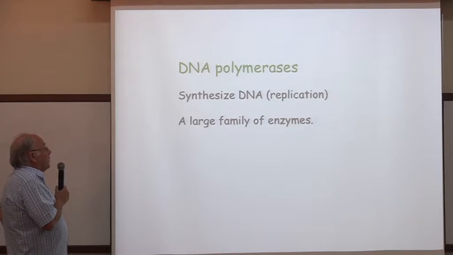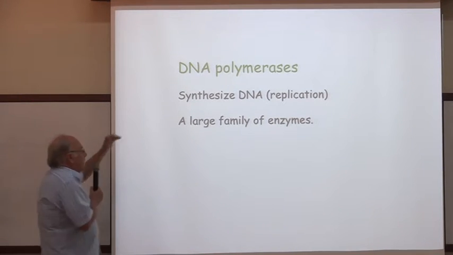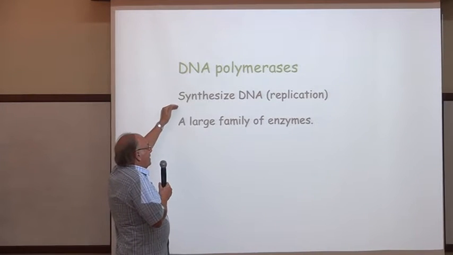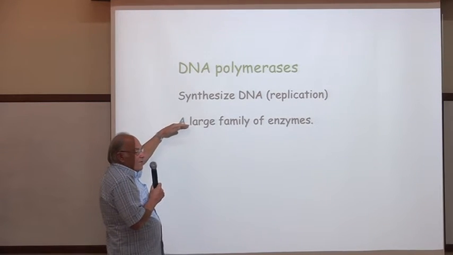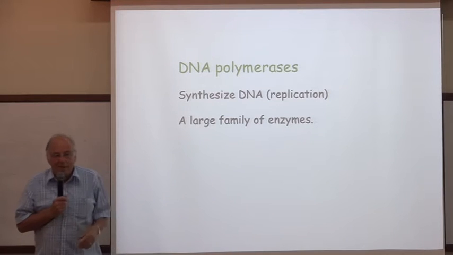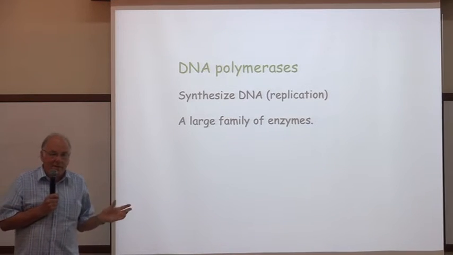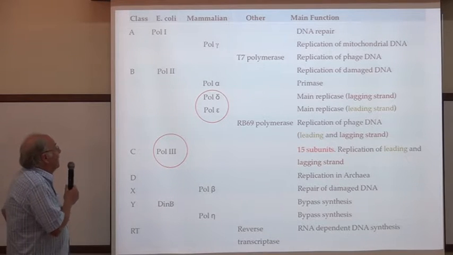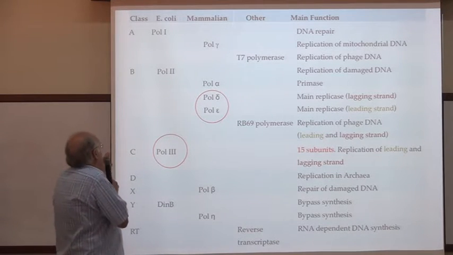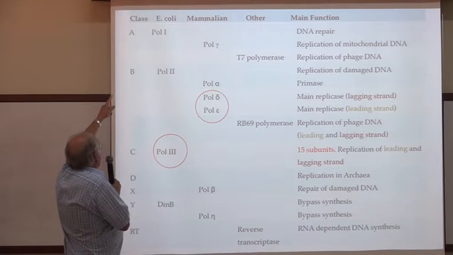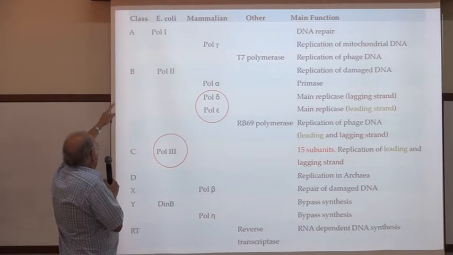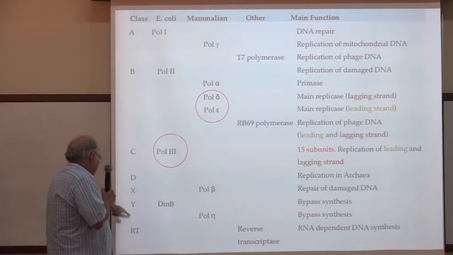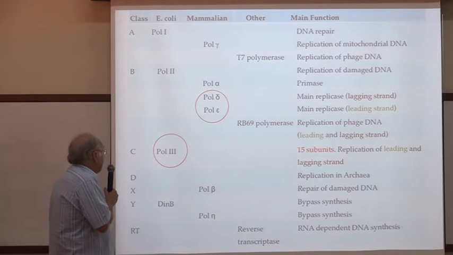Now, we come to the DNA polymerases, which do the actual synthesis of DNA replication. And this is a very large family of enzymes again. There are many different needs for different cases, and different species have slightly different ones. So here it's divided into the class A, B, C, D, X, Y, and reverse transcriptase, RT.